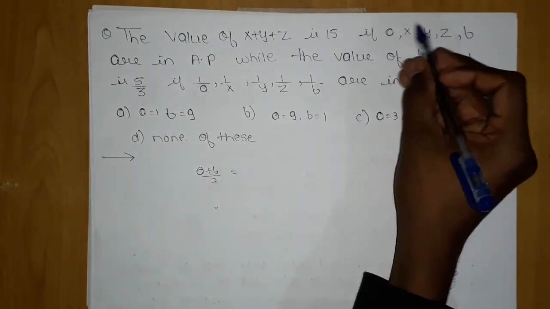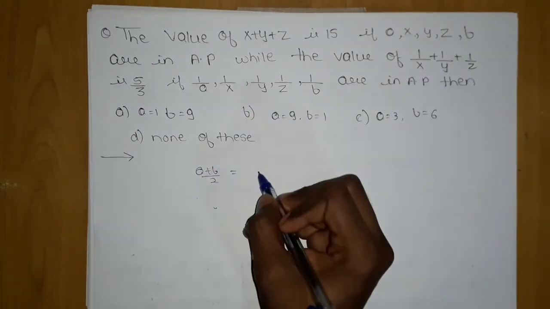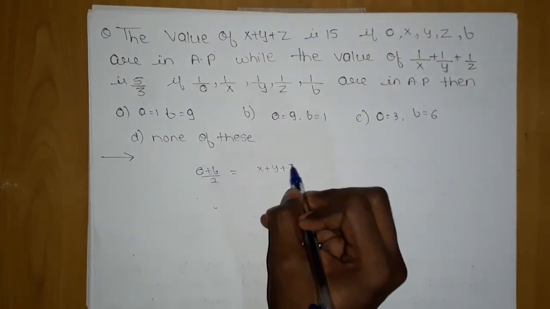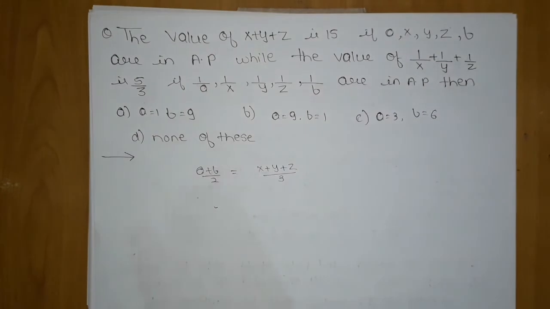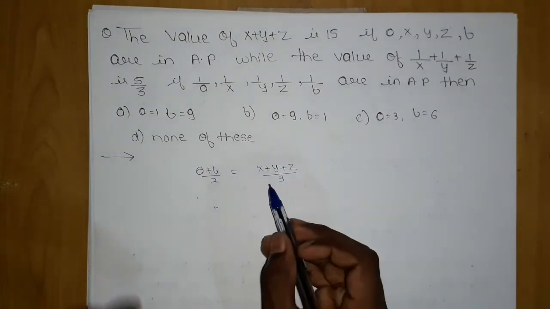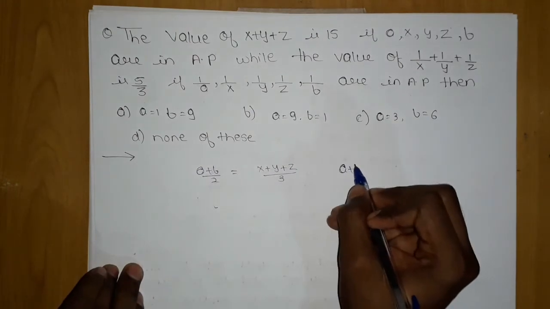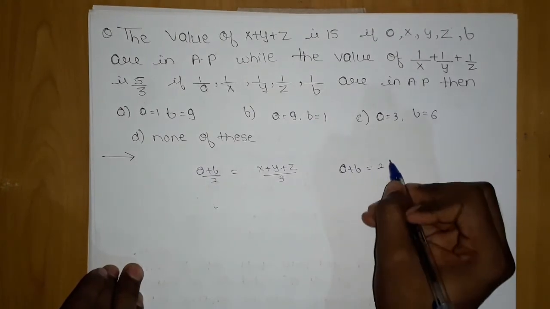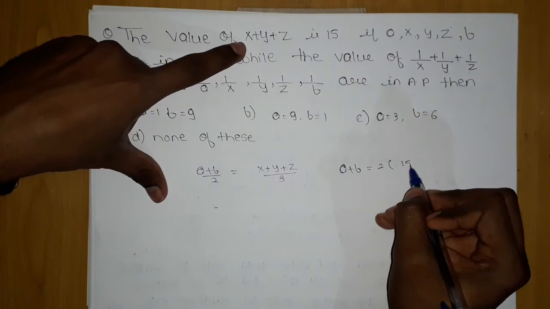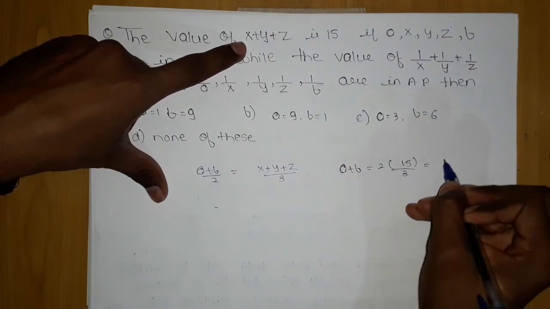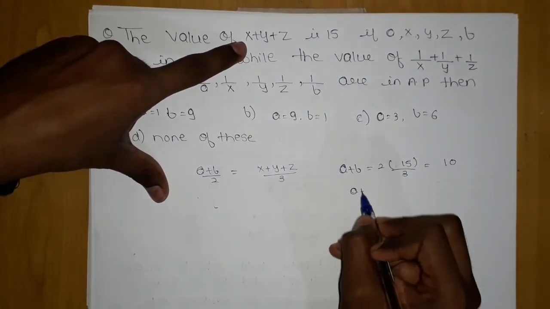I know the sum of these three terms, its AM will be nothing but the sum divided by 3. Okay, very easy. So we got this thing. Now what I get? a plus b equals 2 into the x plus y plus z value, I have 15/3, which gives me a plus b is equal to 10.